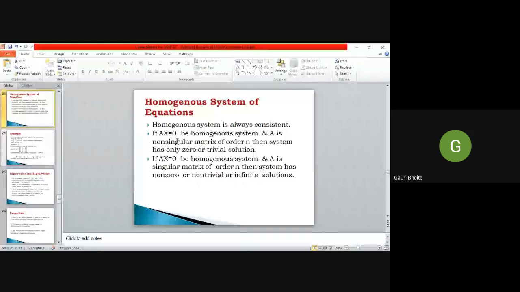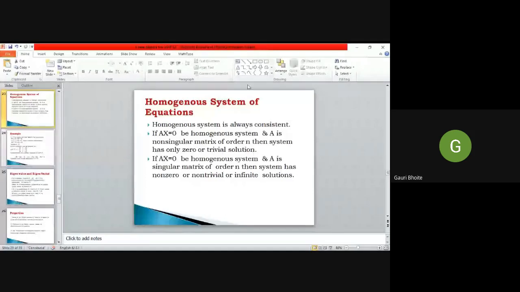If A is a square matrix and A is non-singular, then the system has only the zero solution. If A is singular, the system has a non-zero solution. Just keep in mind, if Ax is equal to 0 and the rank of A is equal to the number of unknowns, the system has the trivial, unique, zero solution.